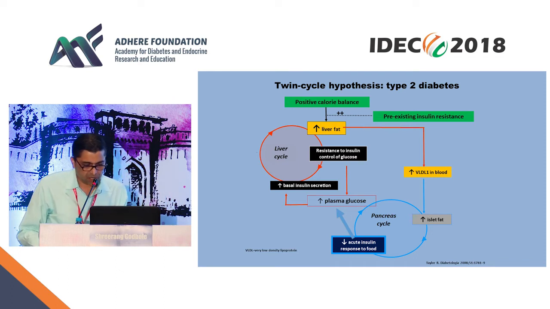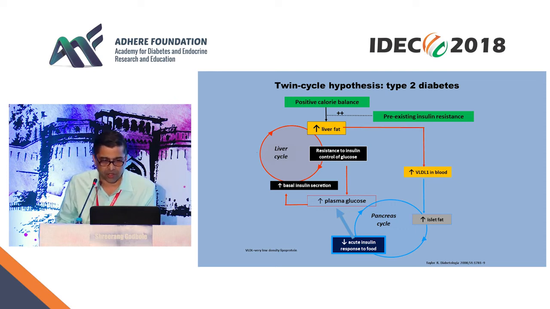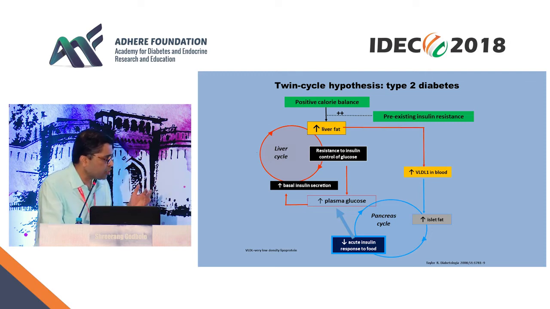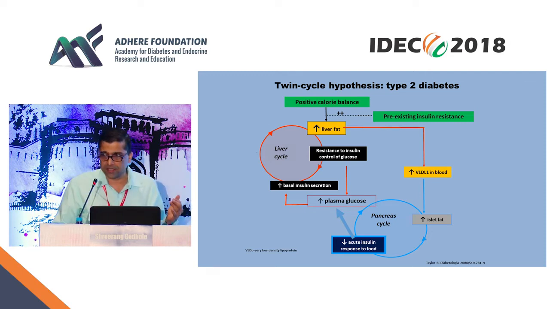So with the result, when there is exposure of the islet to this hyperglycemia, as well as increased triacylglycerol, the insulin response to food decreases, and that perpetuates the hyperglycemia.